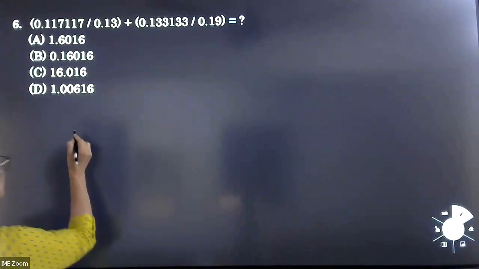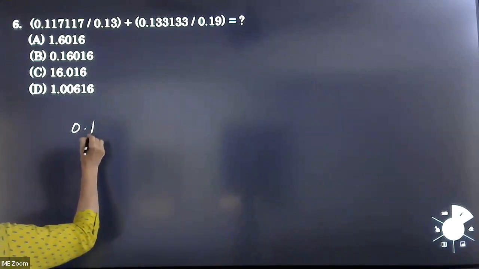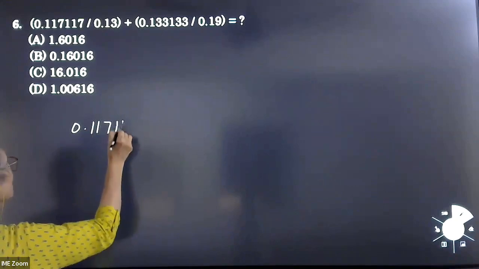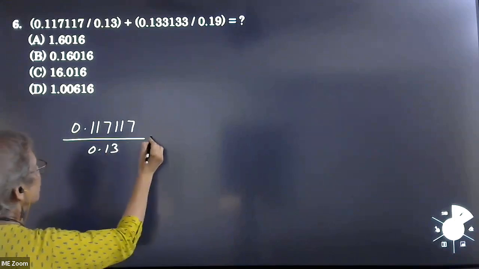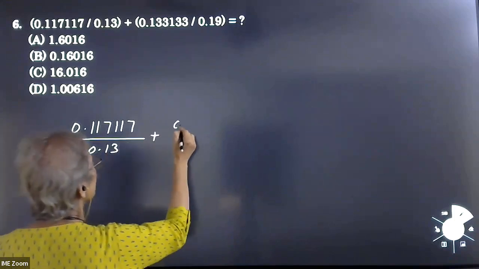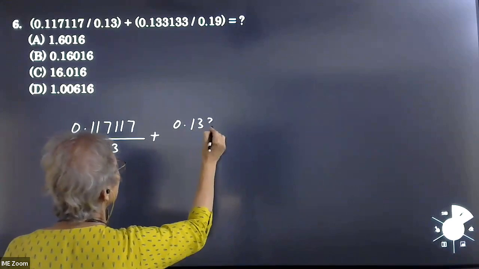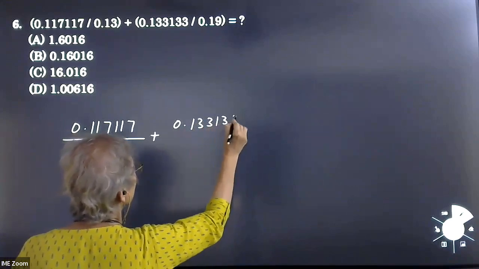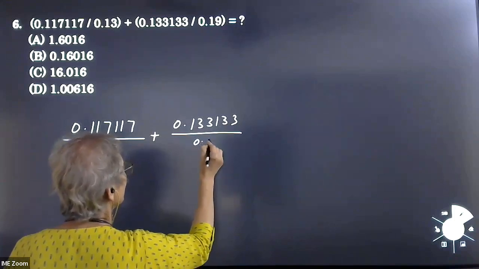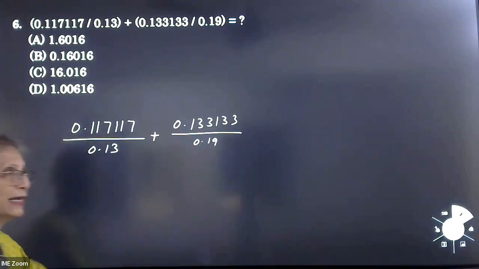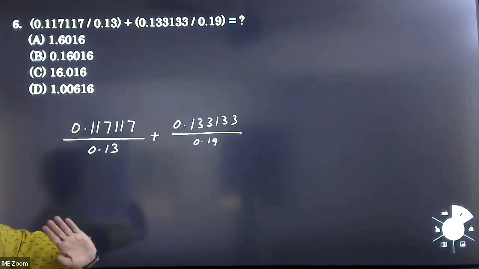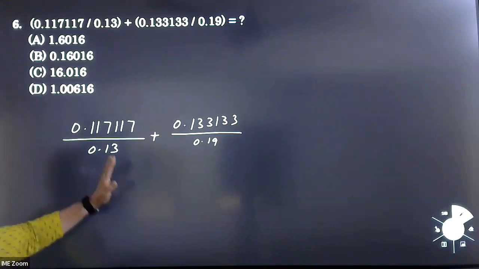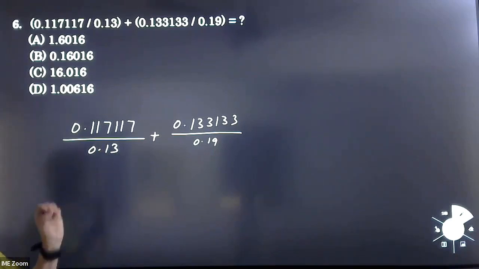Let us write the sum. 0.117117 divided by 0.13 plus 0.133133 divided by 0.19. See, if there is a decimal point in the numerator, it is okay. But denominator should be without decimal point.